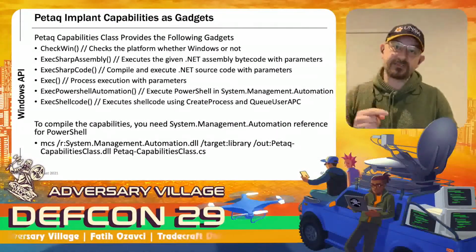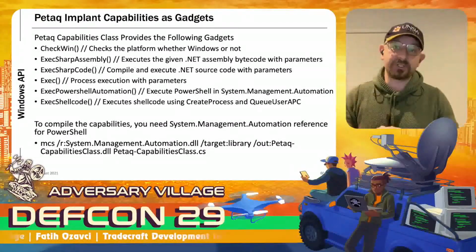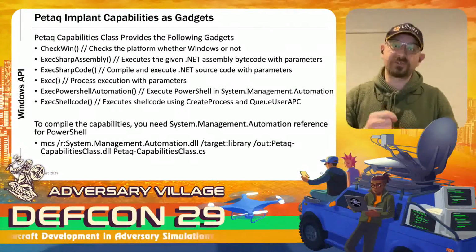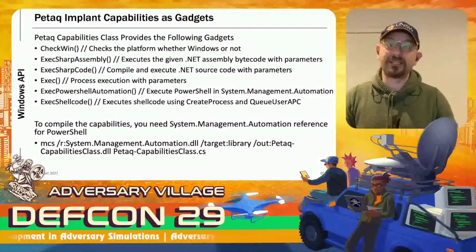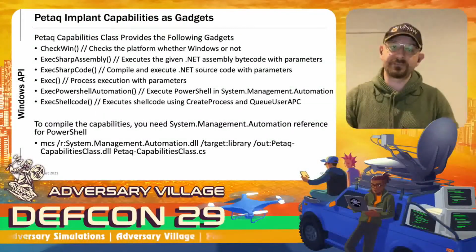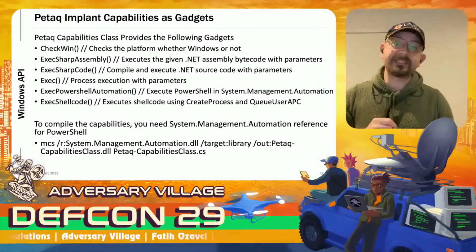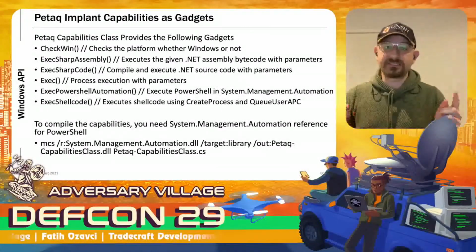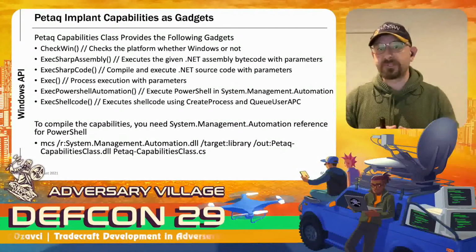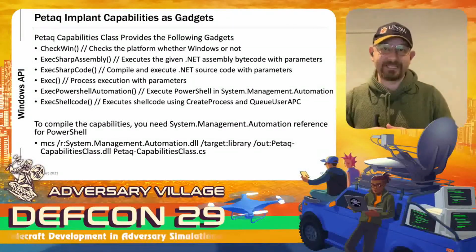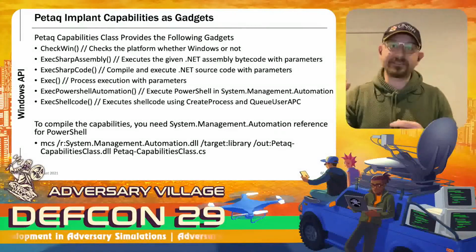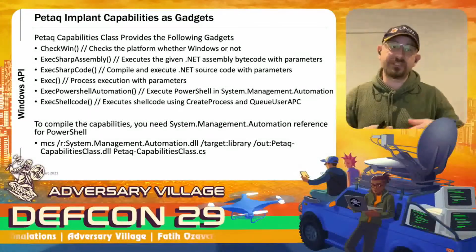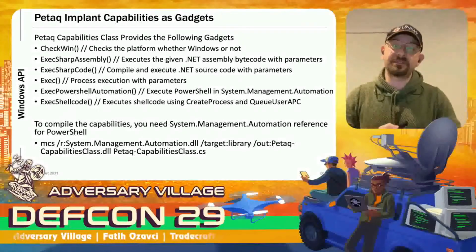But if you target a specific framework version, it may not work. So you need to use NuGet to get the correct version of the System Management Automation DLL and then reference it. If you want to use specifically that DLL to work with your implant, then you can use some merging tools such as ILMerge. So they will be one single binary with this DLL coming. So simply it will be a part of your functionality. And you don't need the system to have this System Management Automation DLL.